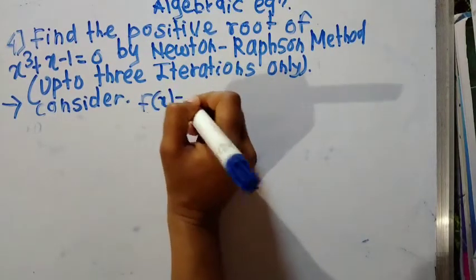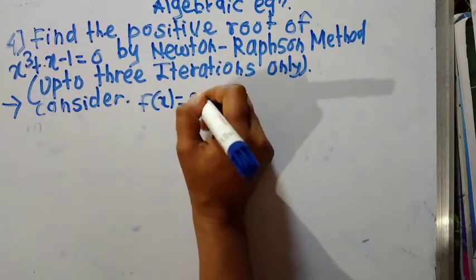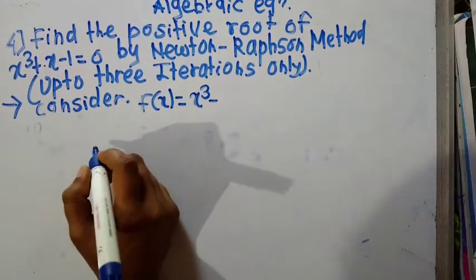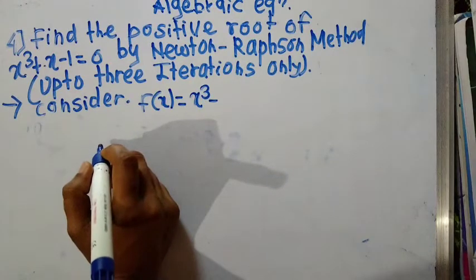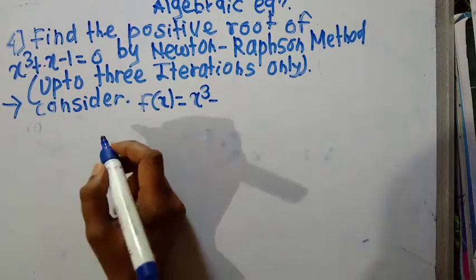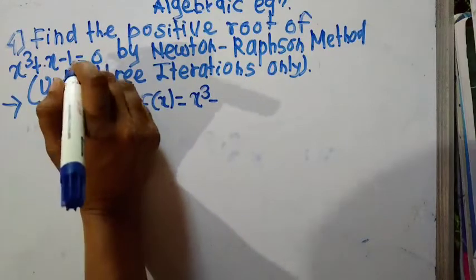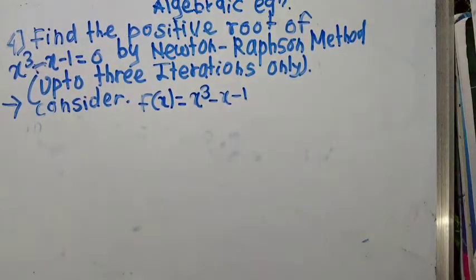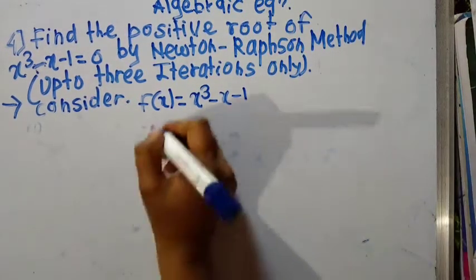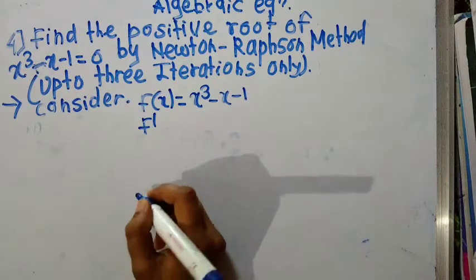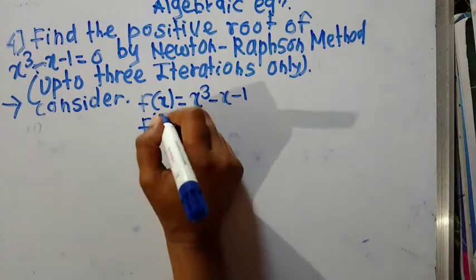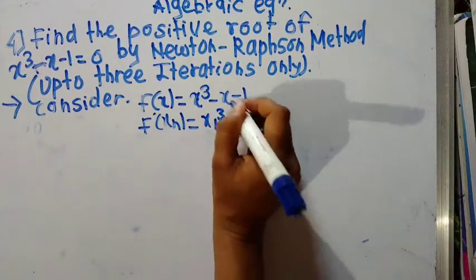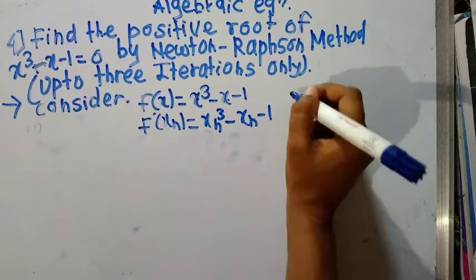f of x is equal to x cube minus x minus 1. Then f of xn is equal to xn cube minus xn minus 1.